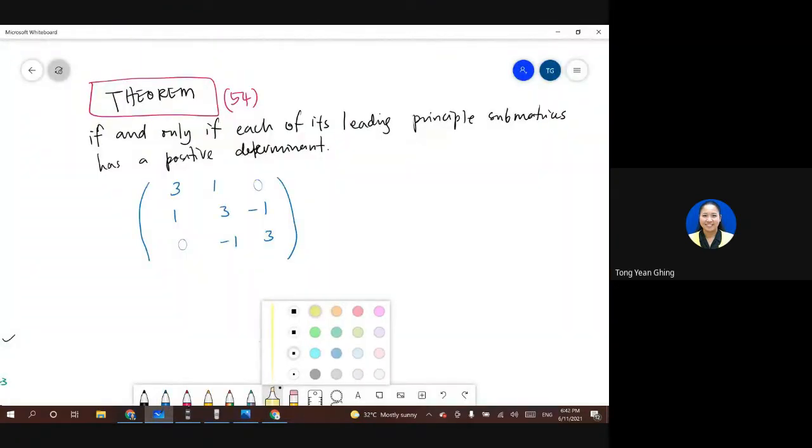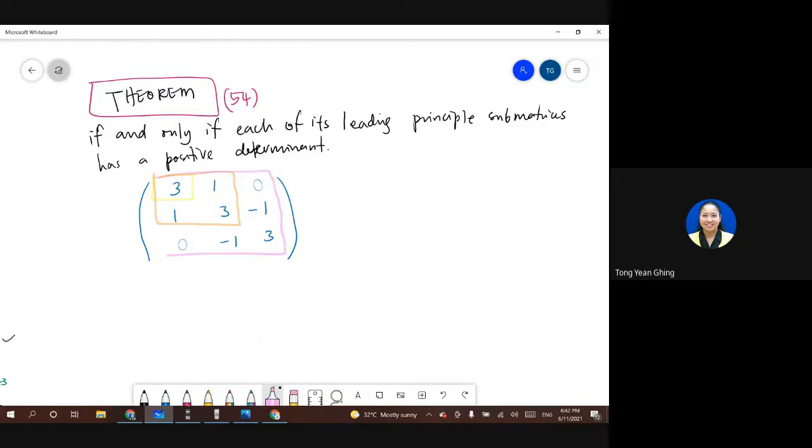We have the first submatrix, the second submatrix, and the third submatrix. That means a 1 by 1 matrix, a 2 by 2 matrix, and a 3 by 3 matrix. Since this matrix is 3 by 3, if it were 4 by 4 we would have another 4 by 4 submatrix.